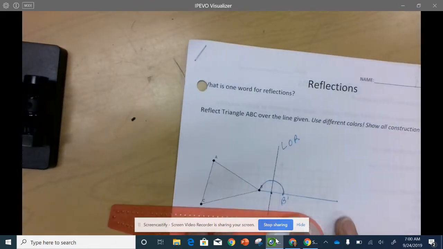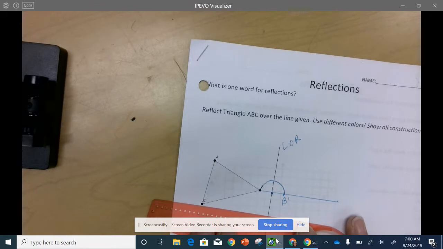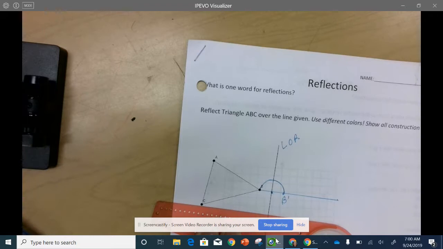Okay, I'm going to do the same steps. So remember, it needs to be perpendicular to our line of reflection. I'm going to do the same thing again.